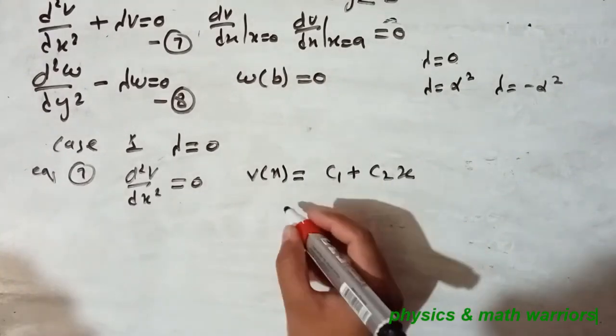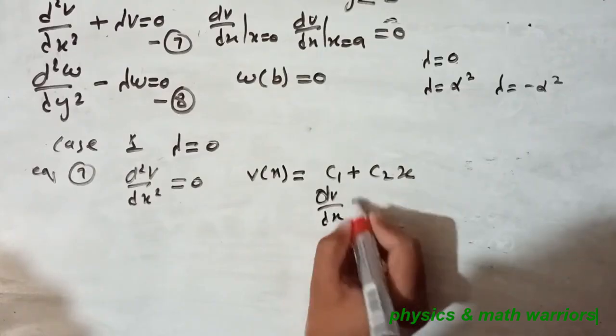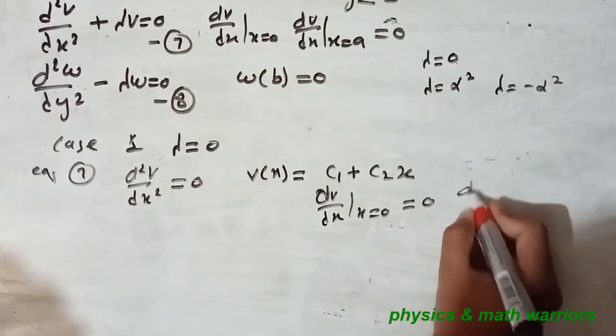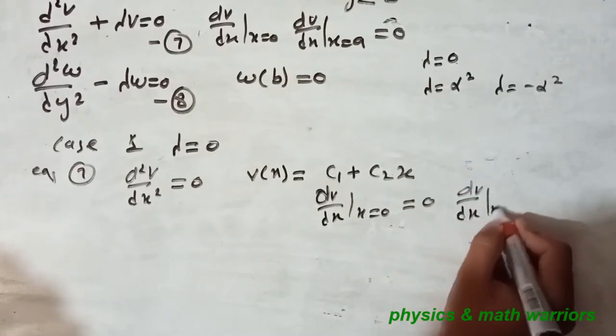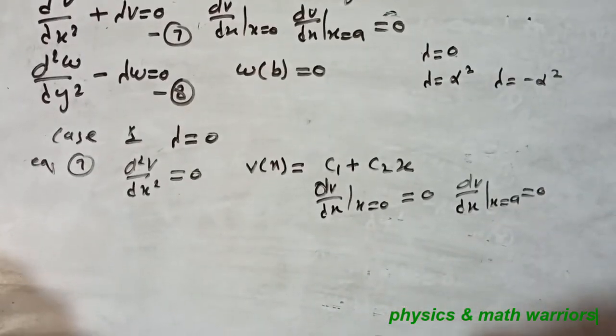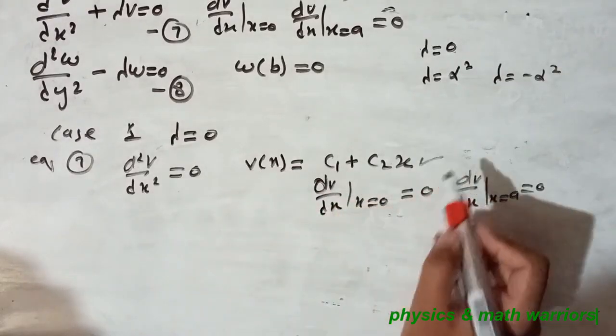Now we will apply the boundary conditions, which are dv over dx at x is equal to 0 is equal to 0 and dv over dx at x is equal to a is equal to 0, to find the values of c1 and c2. So take the derivative of this equation with respect to x.